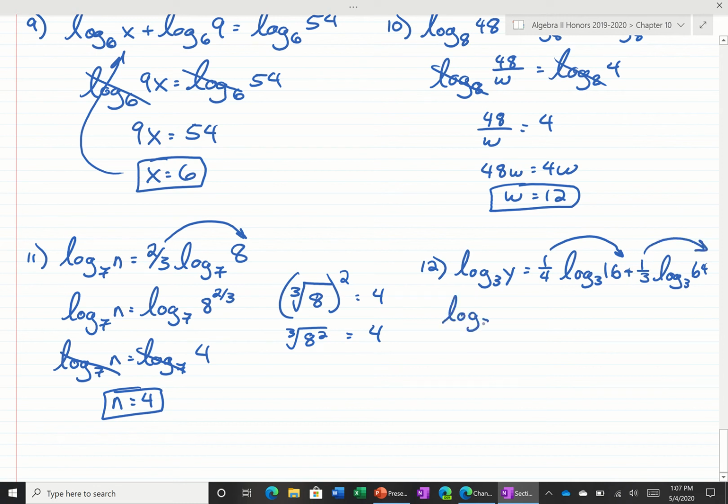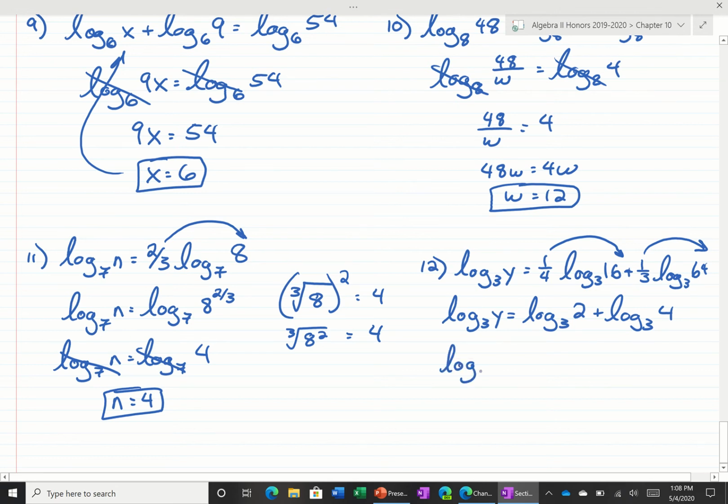This would be the log base 3 of y is equal to the log base 3 of 2. 16 to the 1/4 is the 4th root of 16, plus the log base 3 of 4. The third root of 64 is 4. So using the product property, we get the log base 3 of y is equal to the log base 3 of 8. Property of equality would tell you that y is equal to 8.